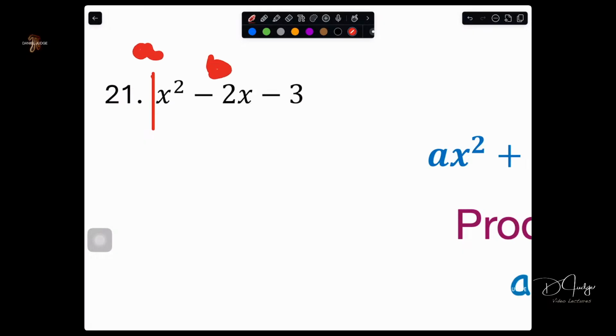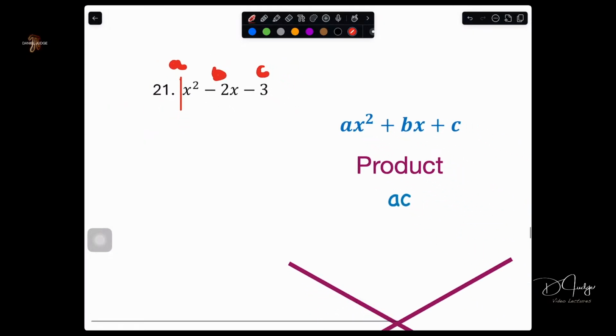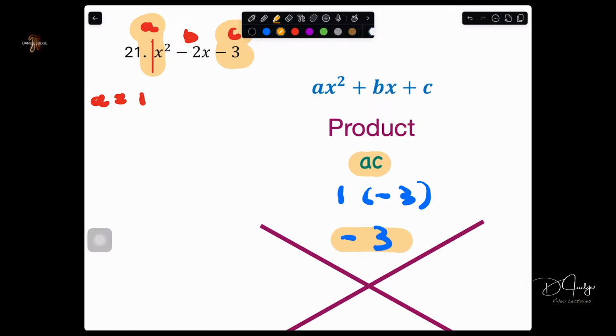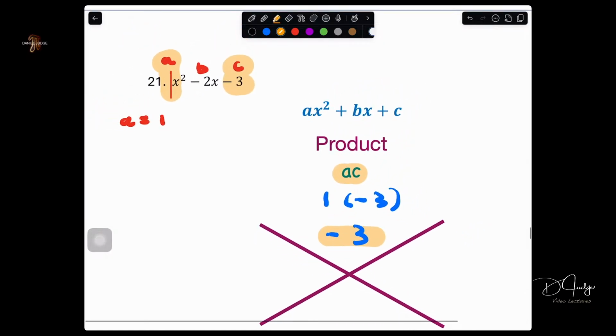A, B, C now. Again, A is the value 1. So we take 1 times negative 3, so your product is negative 3.